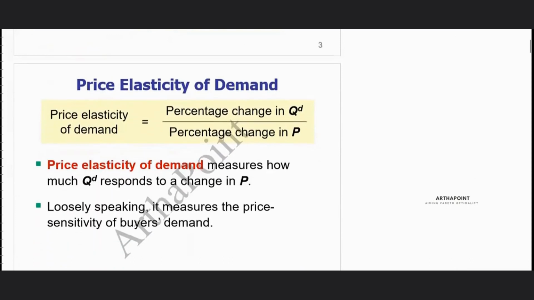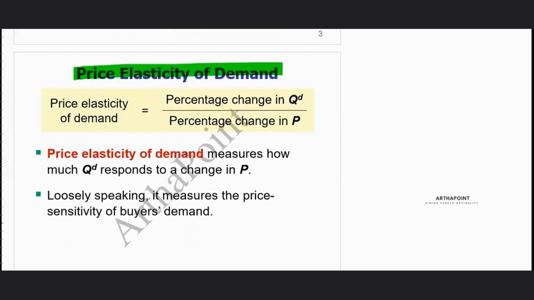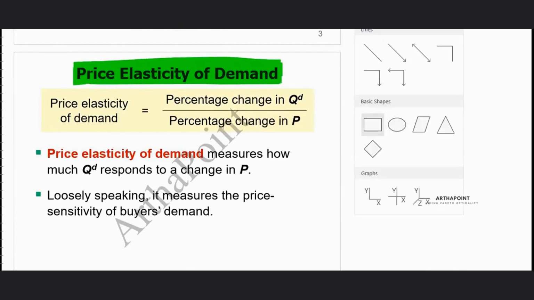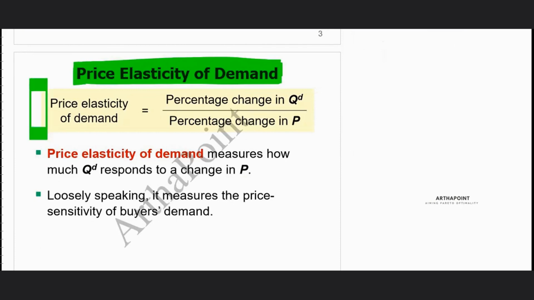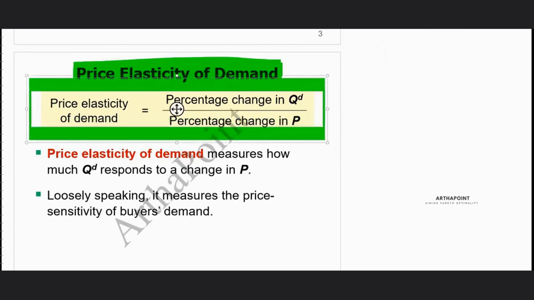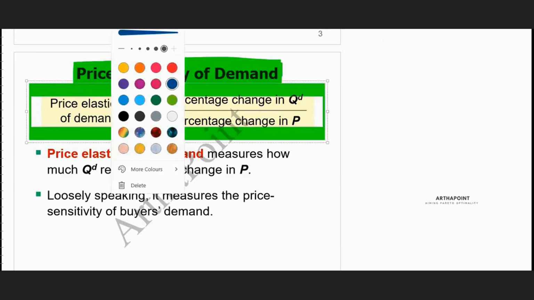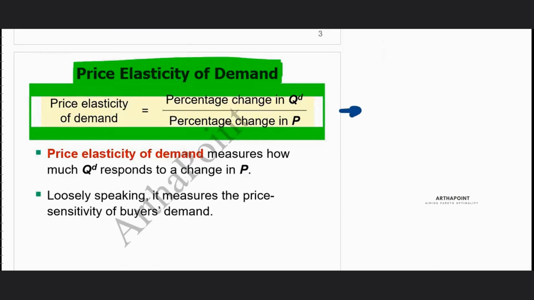When I do that, that is known as price elasticity of demand. What is price elasticity of demand? The price elasticity of demand basically tells us how the quantity demanded changes when there is a change in the price. Okay. So we are basically asking the question, what is the percentage change in quantity demanded due to the percentage change in price?